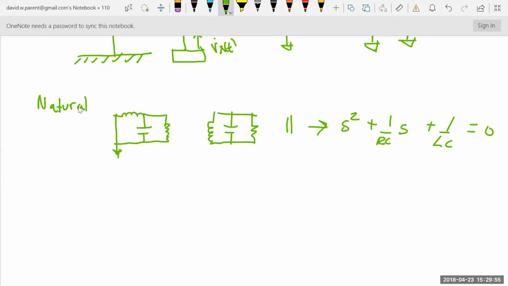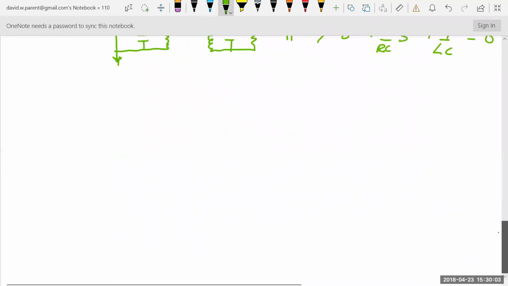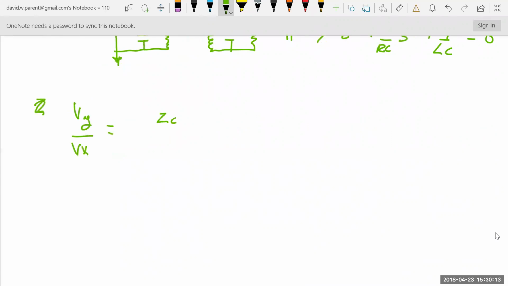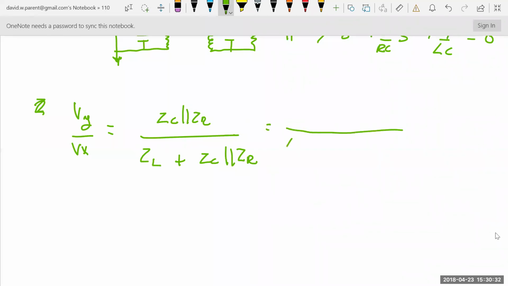And this characteristic equation, if I find the roots, I can get my over, under, or critical damping. It just tells you that. But really, we have our voltage division: ZC in parallel with ZR over ZL plus ZC in parallel with ZR. And really, if you made it here, in general, you got this.